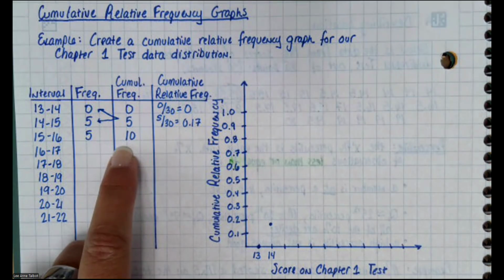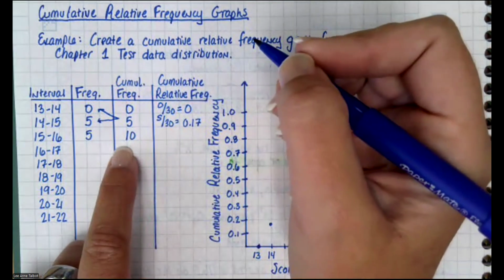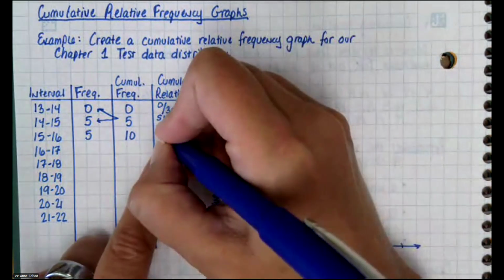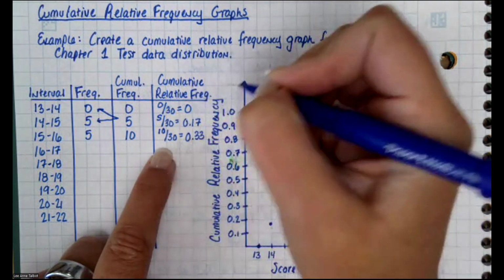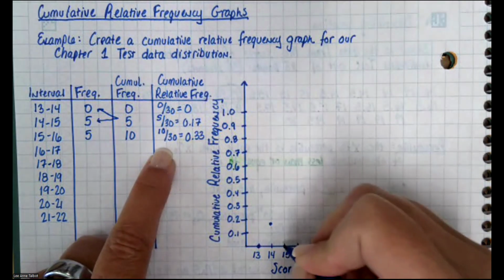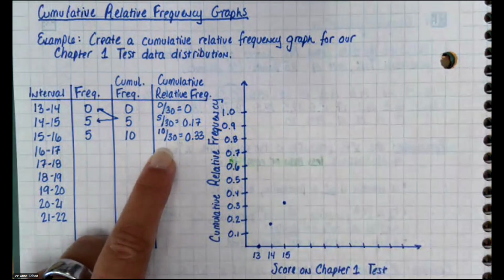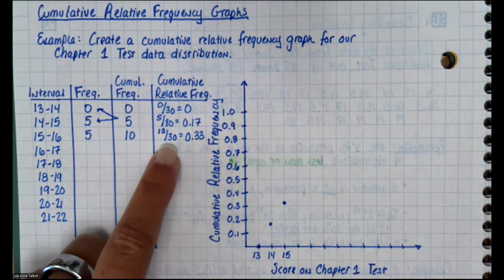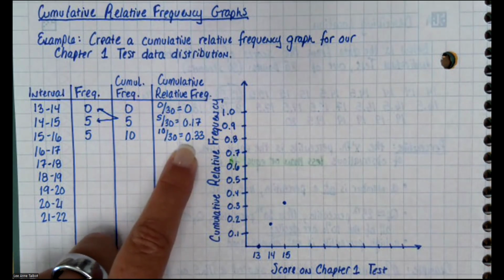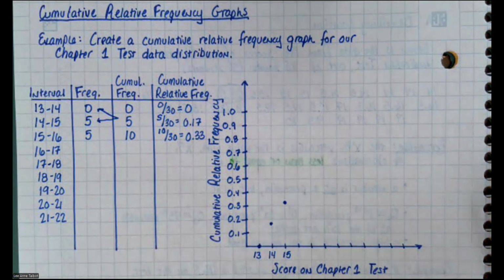You see where the 10 came from? It's really important. And then I did 10 divided by 30, which is 0.33, and I made a dot at 0.33.